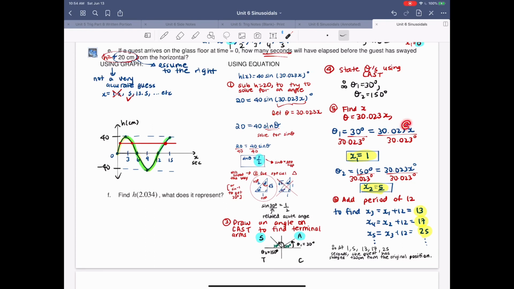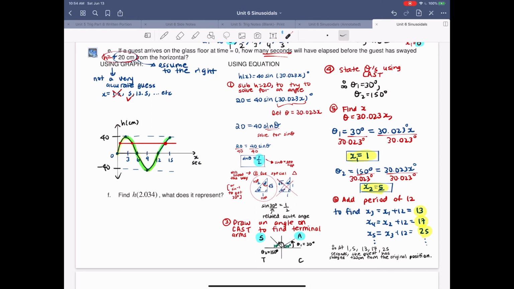So I added one more circle over there, and I added the word position. So at 1, 5, 13, 17, 25 seconds, the guest has swayed plus 20 centimeters from their original position, the starting point. So they started off at a horizontal position of 0, and then they swayed plus 40 centimeters, and perhaps that's to the right, at 1, 5, 13, 17, 25 seconds.